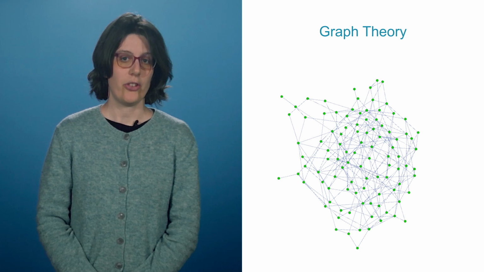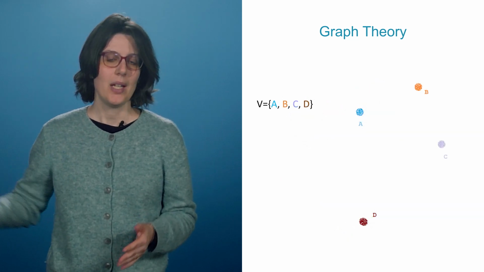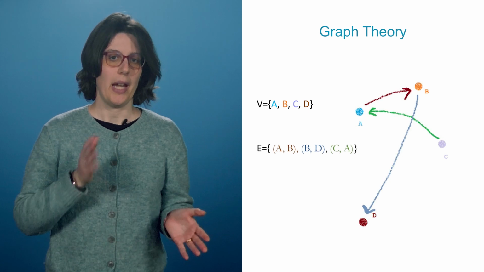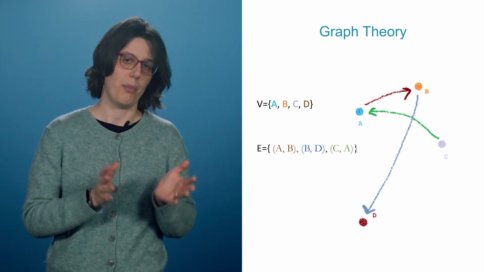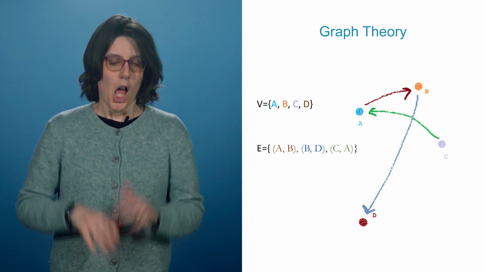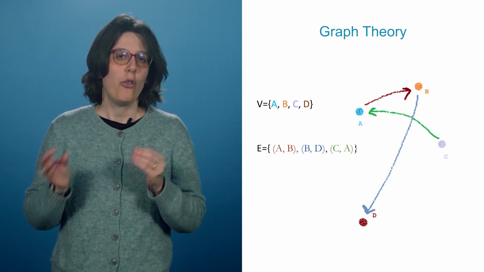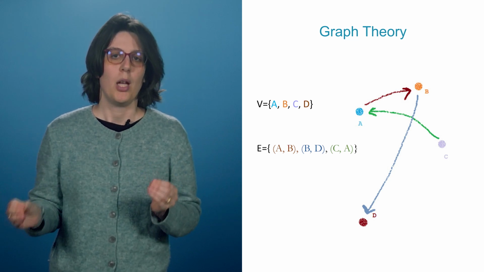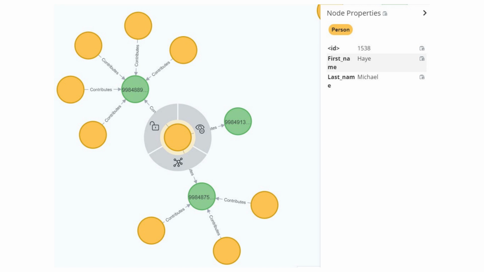A network is constituted by a list of nodes, A, B, C, and D, and a list of edges, AB, BD, and CA, meaning the edge from A to B, etc., etc. Nodes can be all of the same type, for instance people, or maybe of multiple types, for instance people and books, if you want to represent a network of contributors to books.